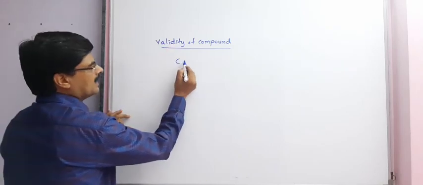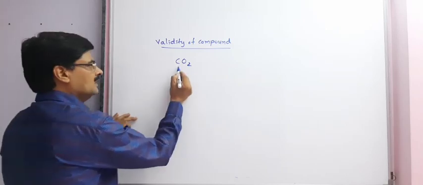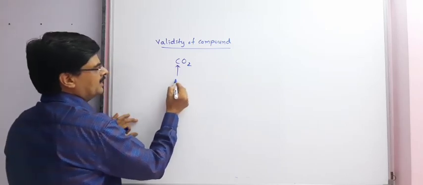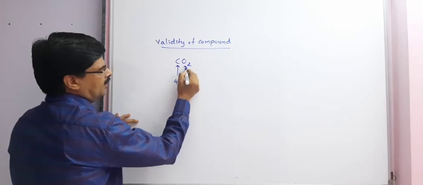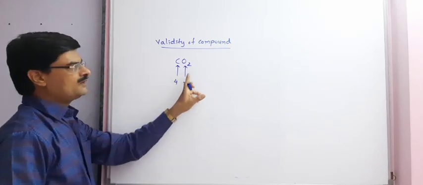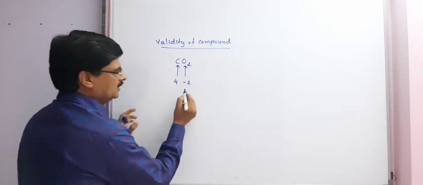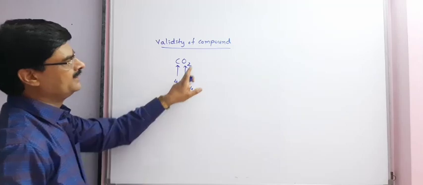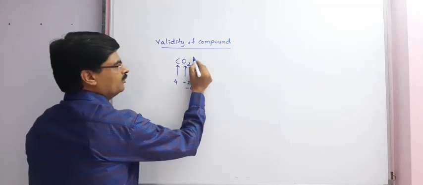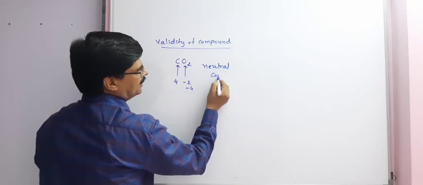Say we write carbon dioxide, CO2. Oxidation state of carbon is plus 4 and of oxygen it is minus 2. So for each oxygen it is minus 2. So minus 2 into 2, that is minus 4. So minus 4 plus 4 is equal to 0. So here we can see this is a neutral molecule or neutral compound.